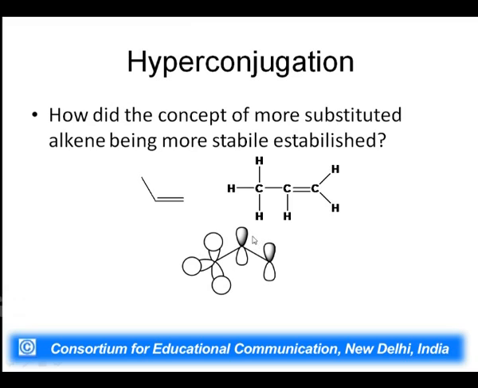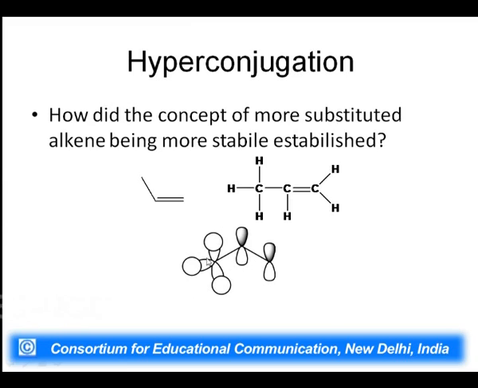So, to explain the stability of alkenes, this pi cloud was conjugated to the sigma bond of carbon and hydrogen. What I have done is, this is the pi bond; I have not drawn the sigma bonds here, I have only shown the pi cloud. These are the two p orbitals which overlap to give a pi bond, and the respective hydrogens and carbon-carbon bonds exist there, but I have not depicted them.